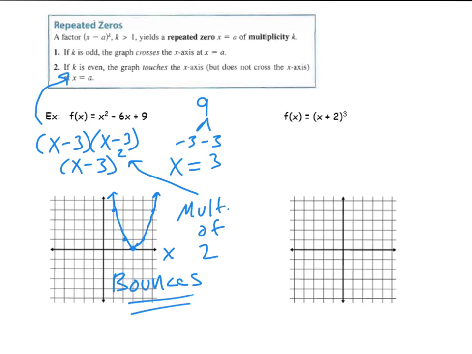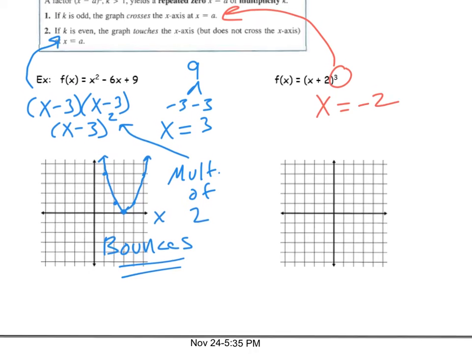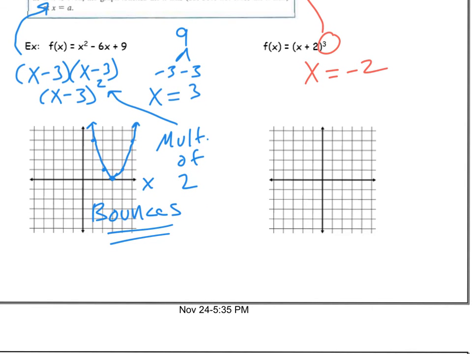To contrast that over here, okay, this has a 0 at -2. Its multiplicity is odd. So it's like you've got 3 of the same 0. If it's odd, it's going to cross, okay? Now for this one, I'll actually make a little table.